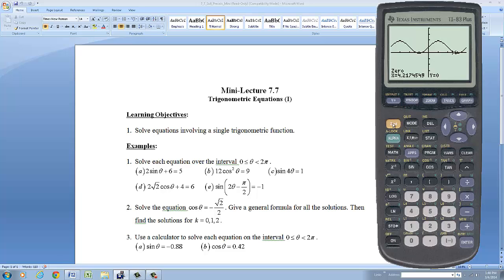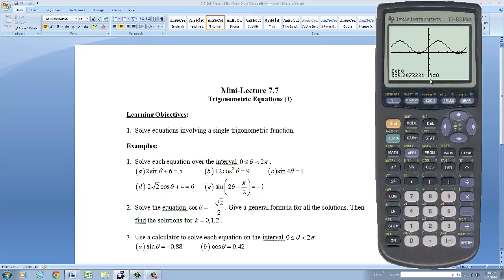Let's try to get the second one. Again, hit second, calculate, hit 2, and then put the cursor to the left of the next point, hit enter, then past it, hit enter, ignore the guess, hit enter, and this gives me, to 2 places, 5.21.